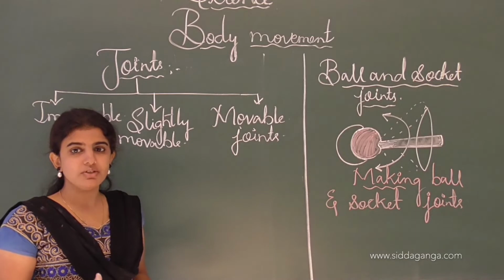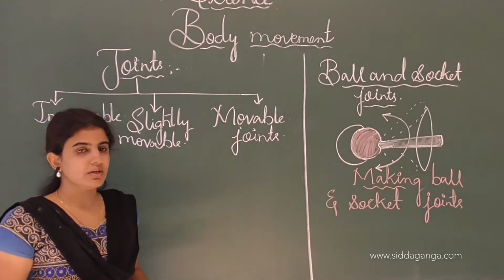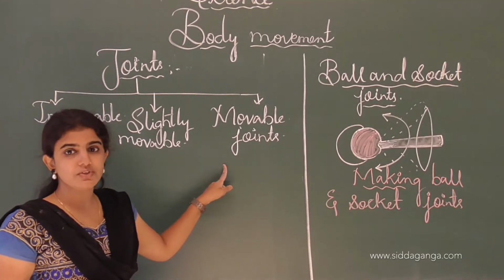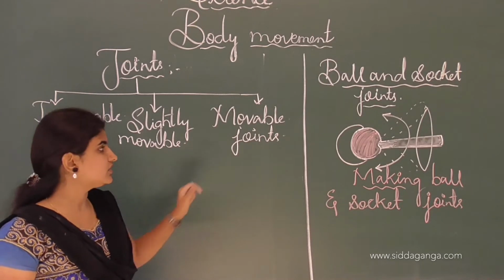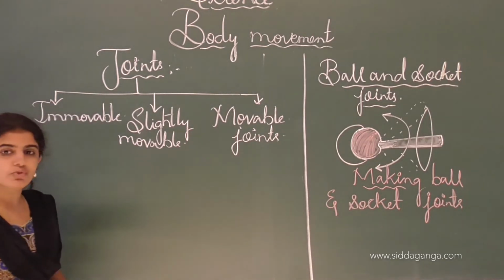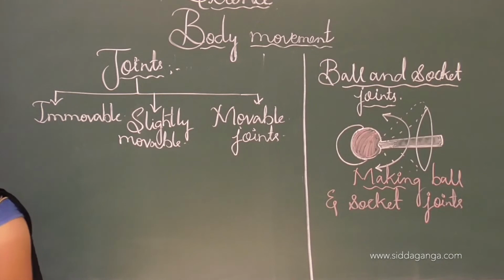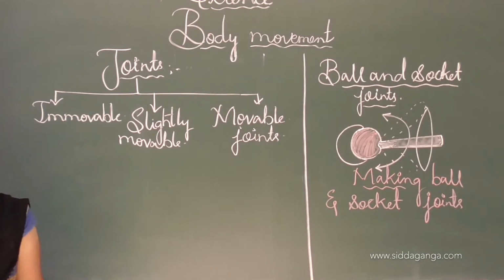These types of joints allow free movement, and the bones move freely. Such joints are called movable joints. These joints contain a fluid known as synovial fluid.